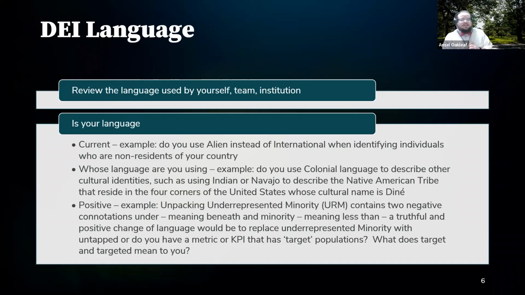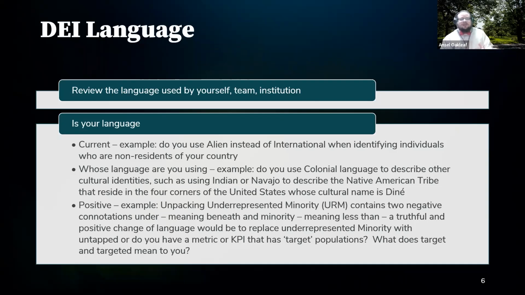So as you look at your institutional language, what is it telling you? Are you current in your language? For example, how do you classify your employees, your students who are international, who come from another region? Are you still calling them an alien? How's that look within your realm?